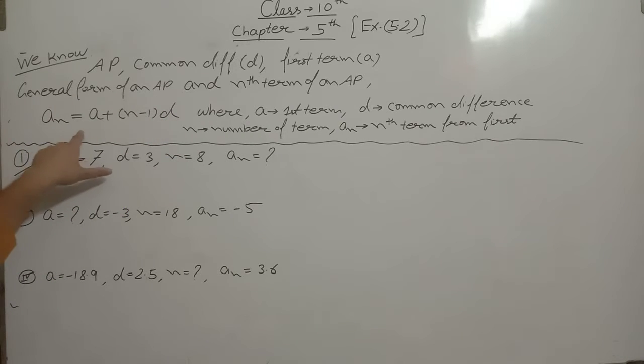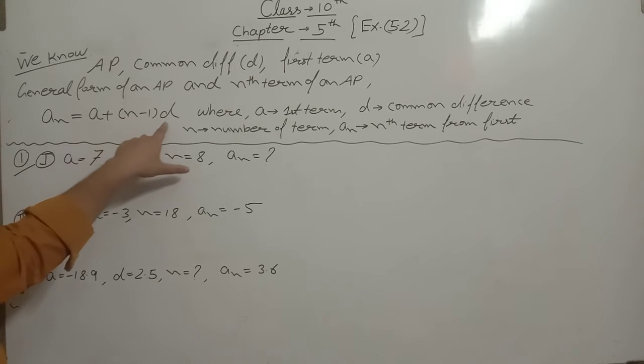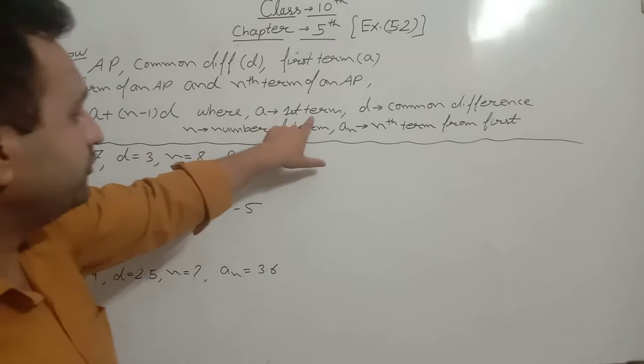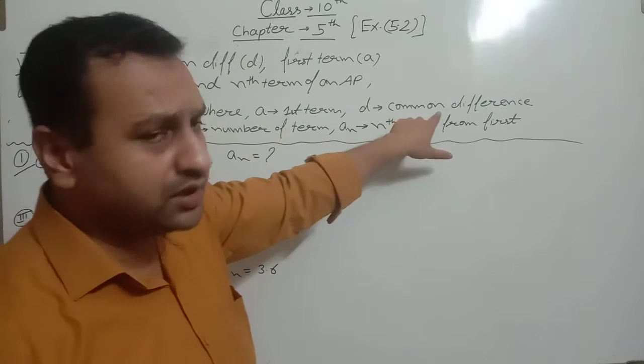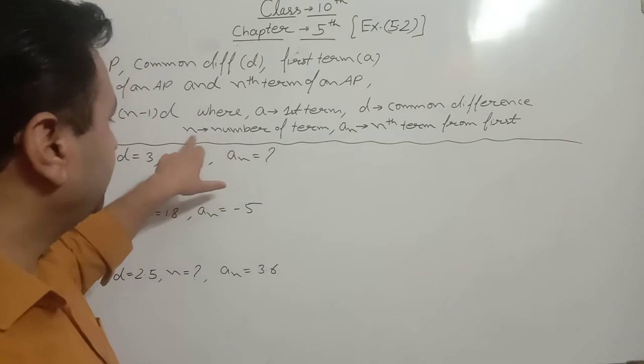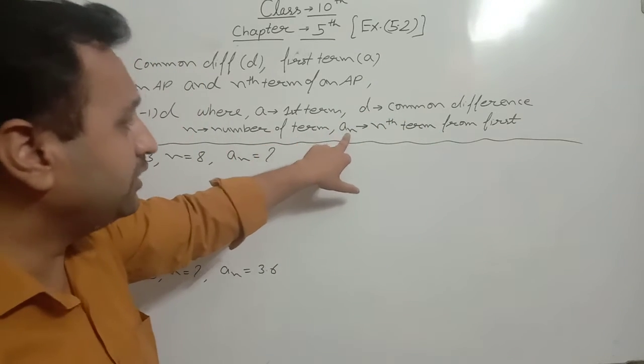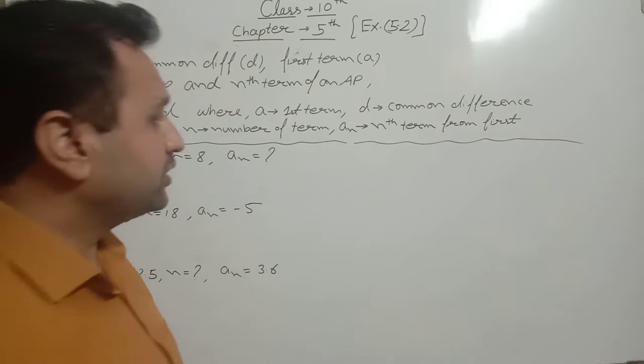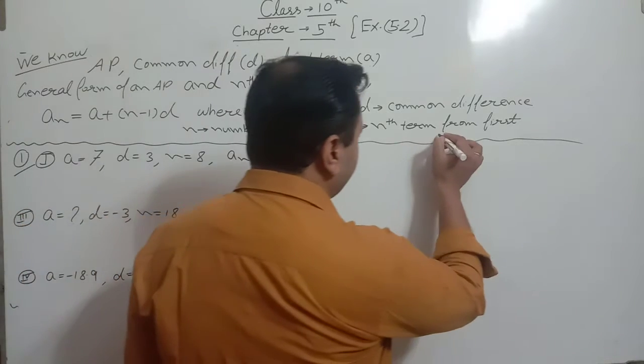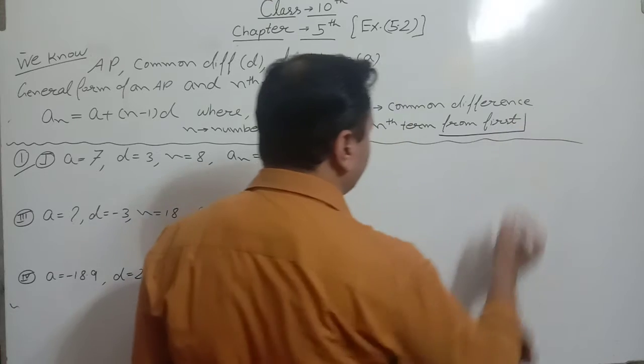And the formula of nth term of an AP, a plus n minus 1 into d, where small a indicates first term, small d indicates common difference, n indicates number of terms, and an indicates nth term from first. Please remember, nth term from first.